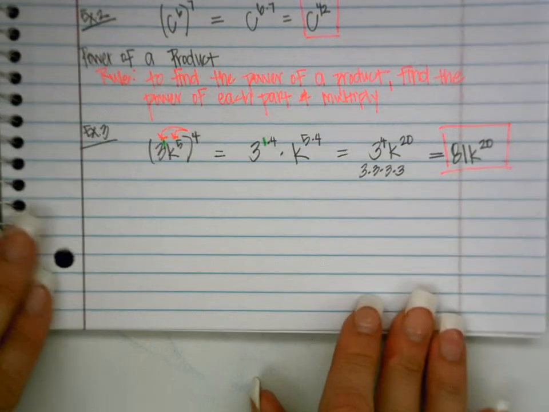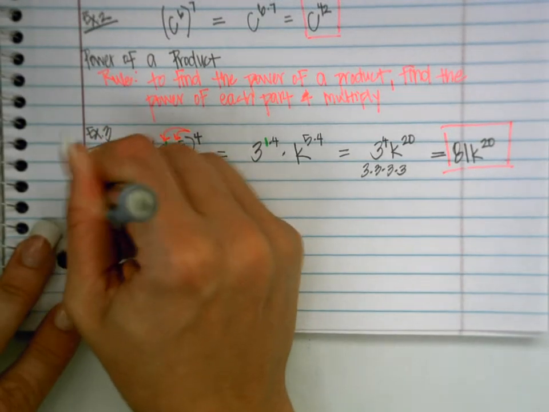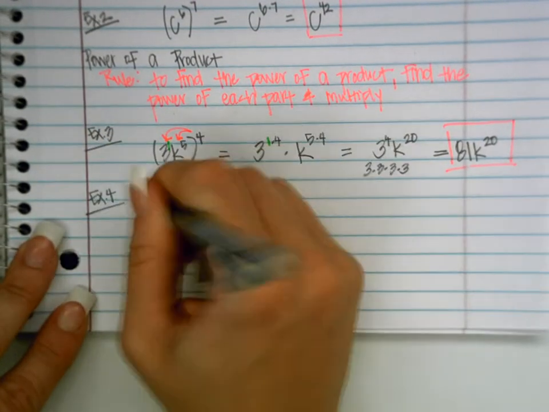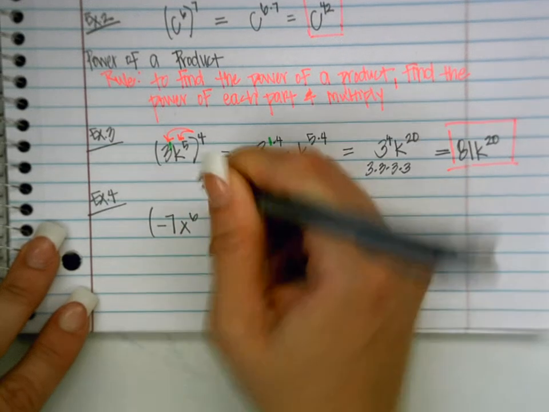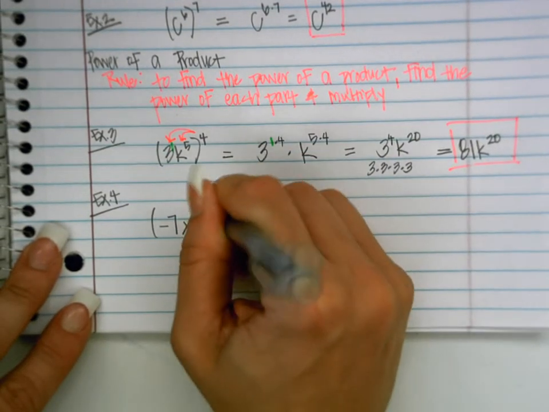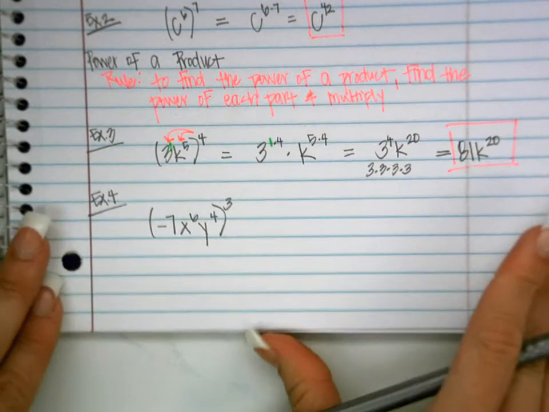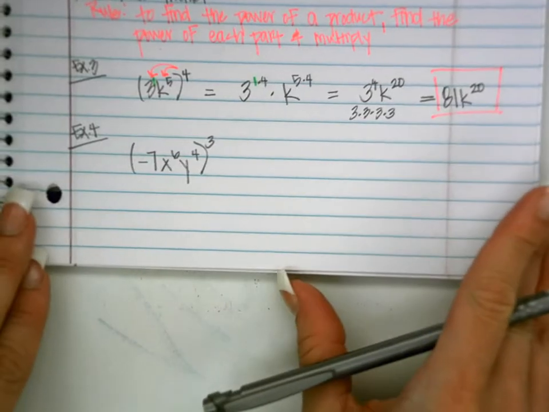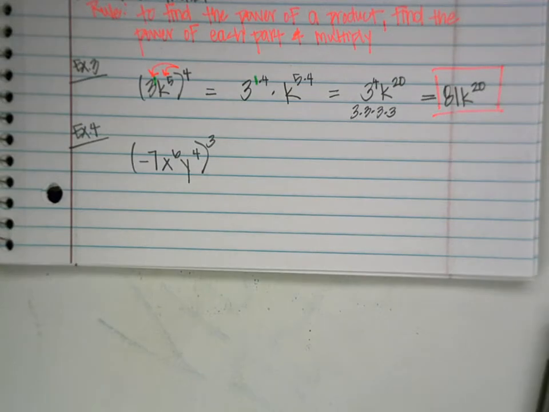Okay, I have one more problem for you in your notes. Example number 4, I would like you to take, in parentheses, -7, x to the 6th, y to the 4th, raised to the 3rd power. It's a lot of parts.